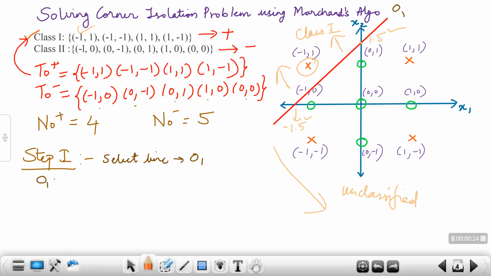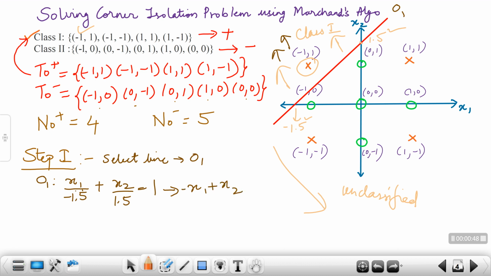So the equation for this line is x1 upon -1.5 plus x2 upon 1.5 is equal to 1. We are looking in the upward direction, and 0, 0 should not lie in this region.